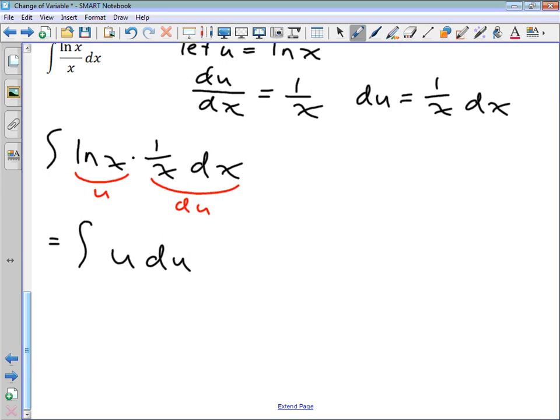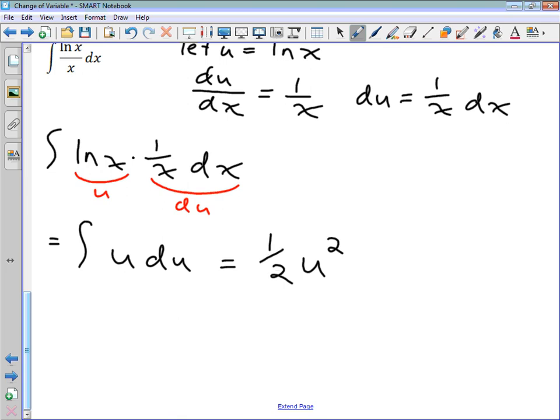What's the integral of u du? What do you think? We want to add 1 to the exponent, so we're going to get u squared. When we do the derivative, that's going to bring the 2 down, so we need something to cancel that out.